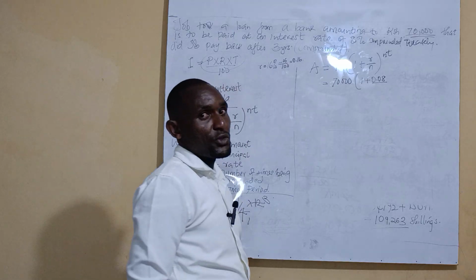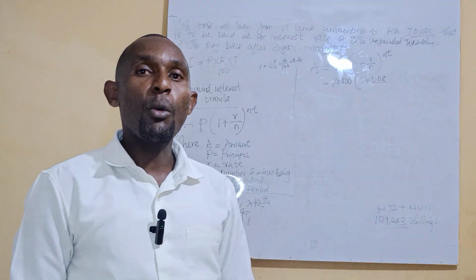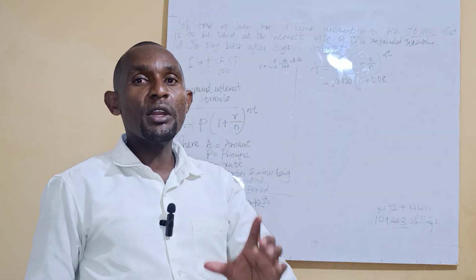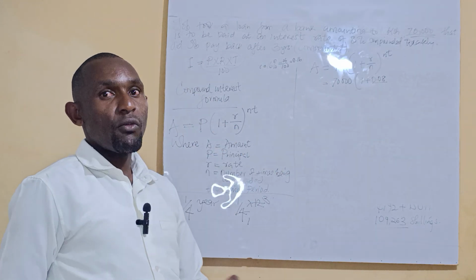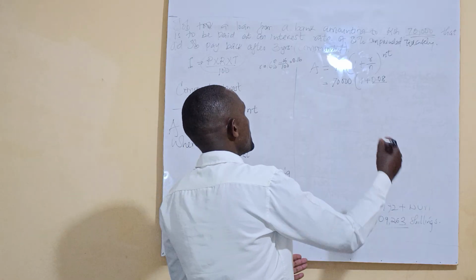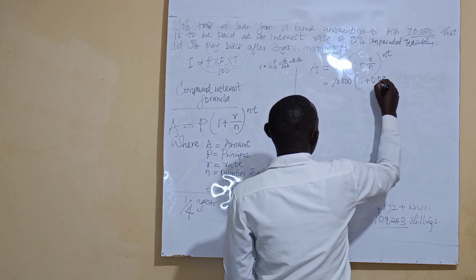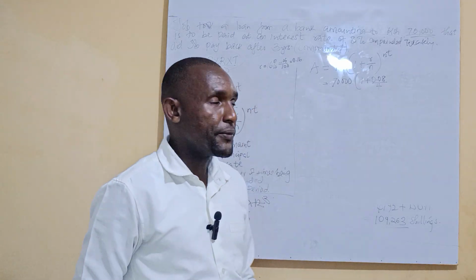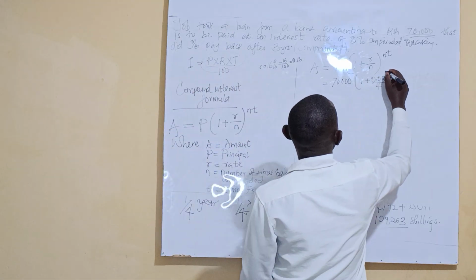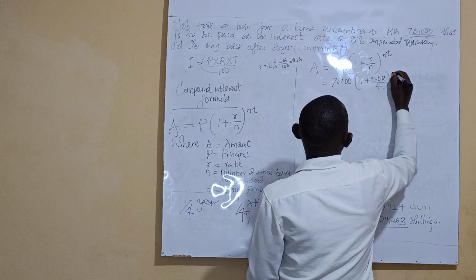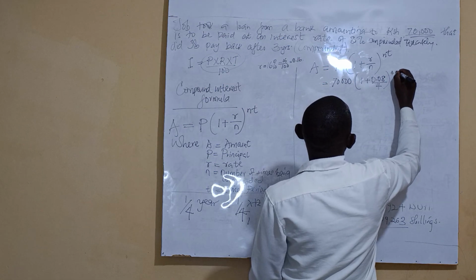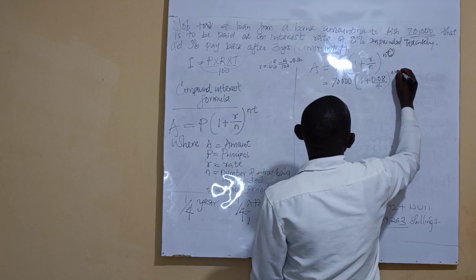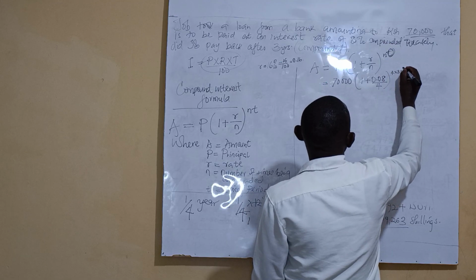It is compounded quarterly, so the number of times it is being compounded is 4 times in the whole year. Therefore, we are going to divide this by 4. Then from there, you multiply by n, which is 4, times t, the number of years, which is 3.